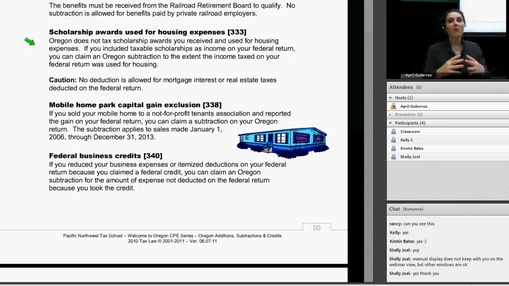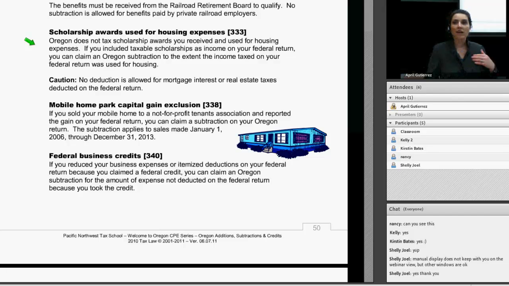So because more of the institutions are doing it here in Oregon, there's probably going to be more opportunity to have clients coming in who have taxable scholarships that have been reported to the IRS, and that means you have an opportunity on the Oregon return to be going after this particular subtraction. If you have a client who has a taxable scholarship on the federal return, they are allowed to claim a subtraction on Oregon for the cost of their housing expenses.